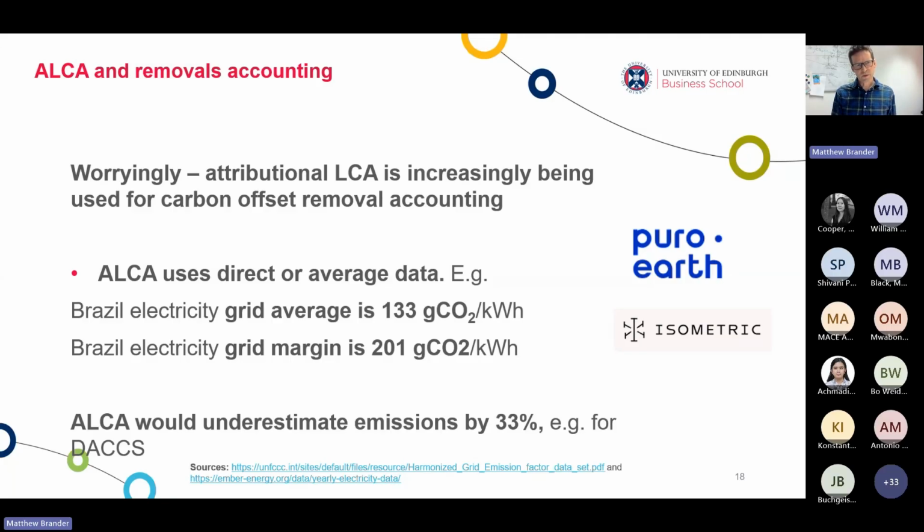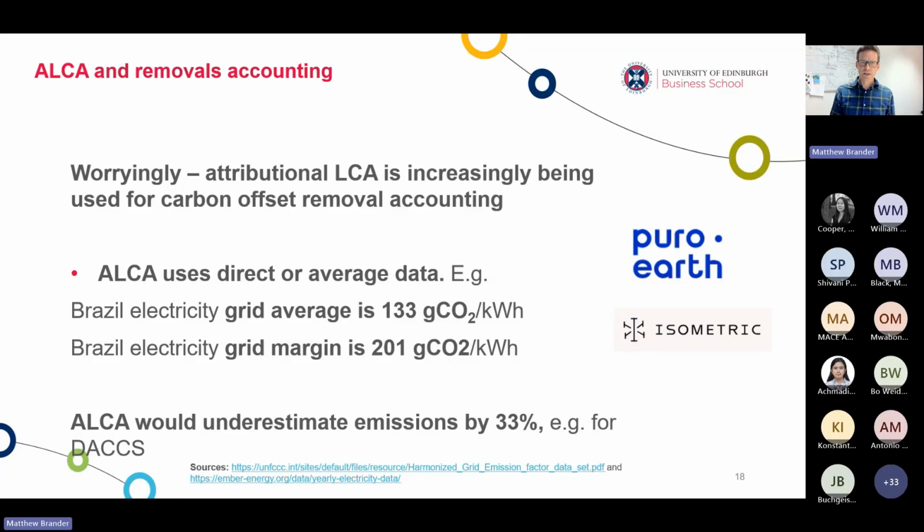So in this example, the grid average factor for Brazil is around 133 grams per kilowatt hour, whereas the grid margin is around 201 grams of CO2 per kilowatt hour. So you can end up with quite a high over issuance of carbon offset credits if you use attributional LCA.